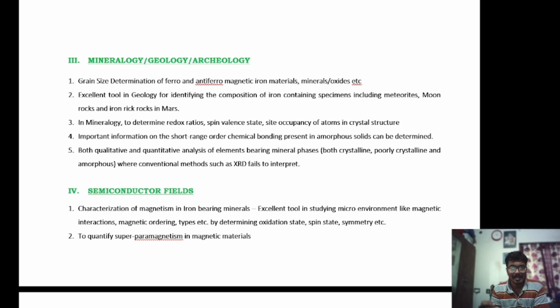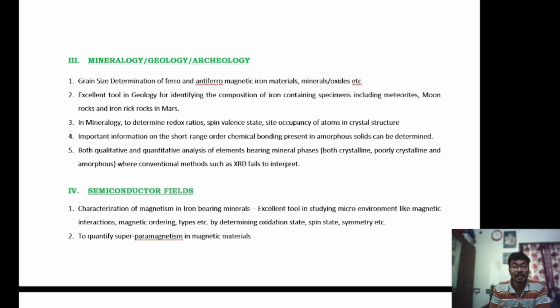Using these grains, whose direction, size, and orientation can be used to predict the magnetic properties, the minute micro properties of a metal or a crystalline element. So the grain size determination of ferro and antiferromagnetic iron materials and minerals and iron oxides, etc. can be found out, which finds application in mineralogy and geology also.